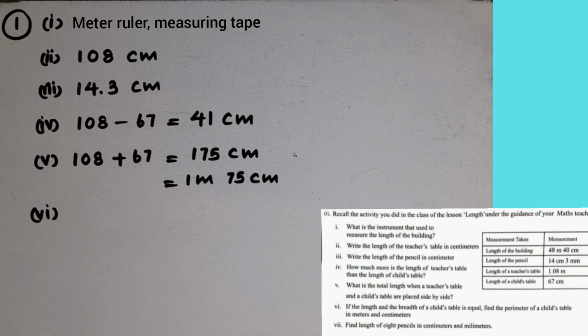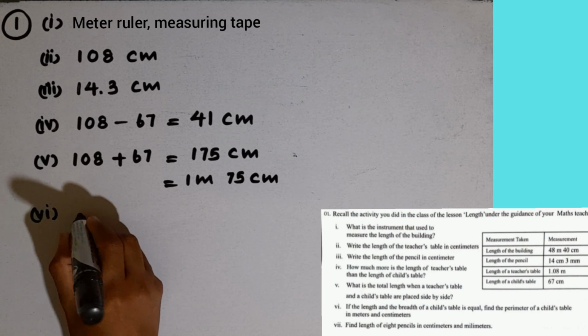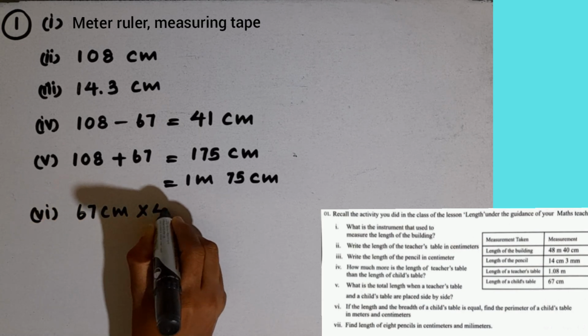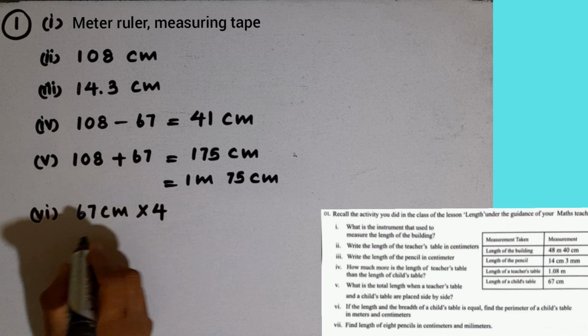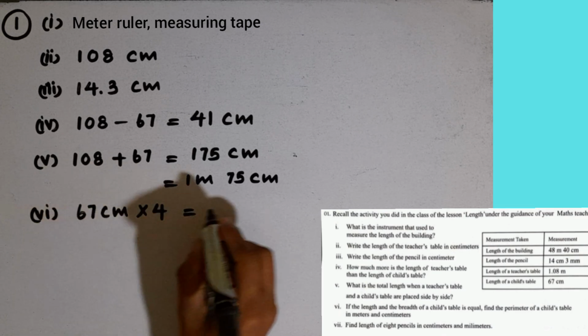Then part 6. If the length and the breadth of child's table is equal, find the perimeter of a child's table in meters and centimeters. A child's table, the length is 67 centimeters. So, if length and breadth is equal, we can multiply 67 centimeters by 4 to get the perimeter. 4 times 7, 28.